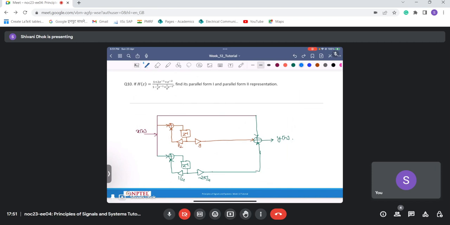That is completely another advanced course for filter designing.